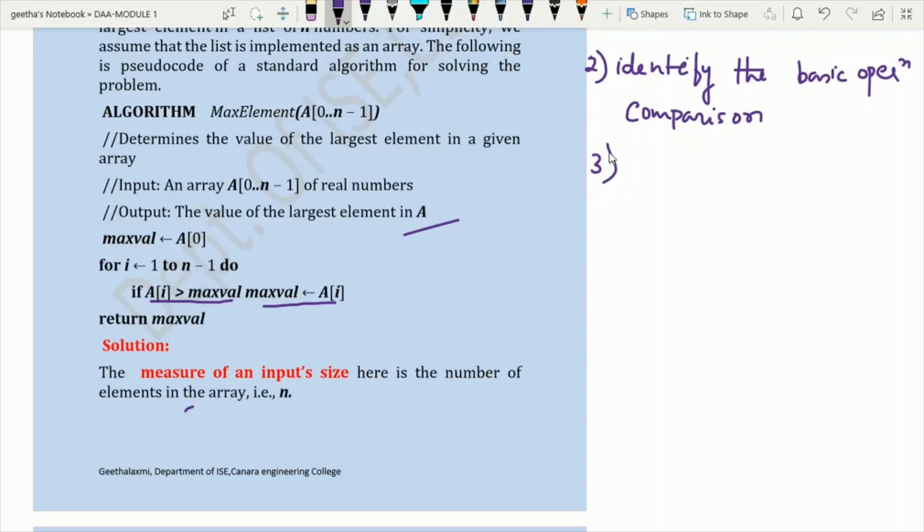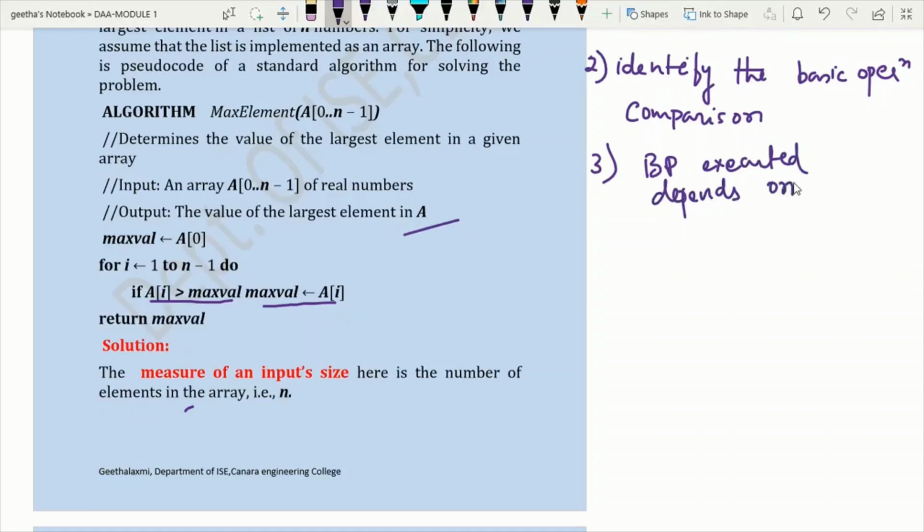The third step is to check whether the number of times the basic operation is executed depends only on n.